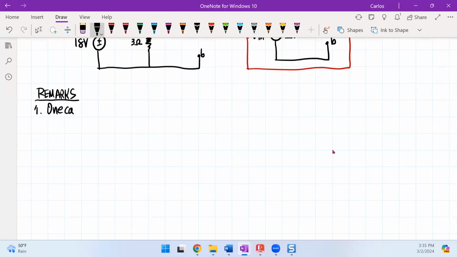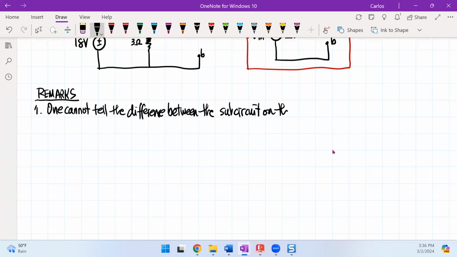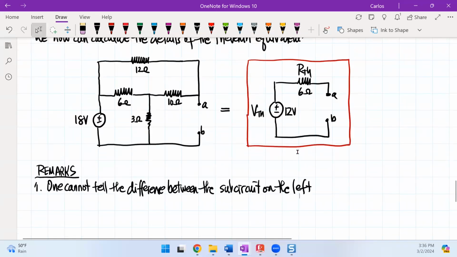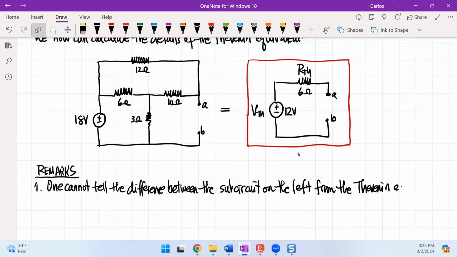One, one cannot tell the difference between the subcircuit on the left, and when I say left, I'm talking about this guy, from the Thevenin equivalent.